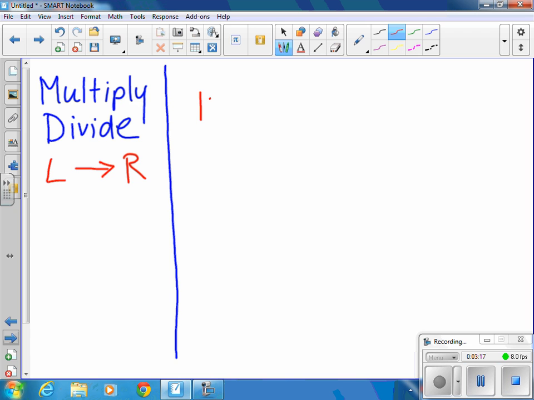So let's say that we had 15 divided by 5 times 4 minus 1. Again, I have to go from left to right. So the first thing I'm going to do is the division, because that division right here comes before I see the multiplication right here. So I'm going to do 15 divided by 5.